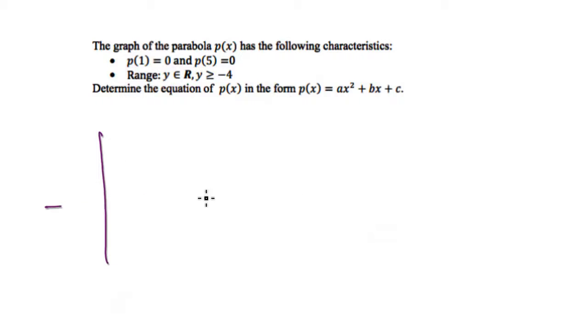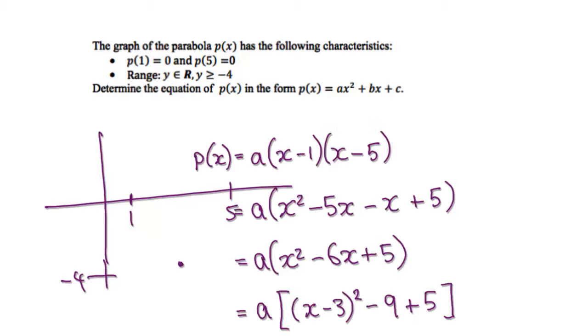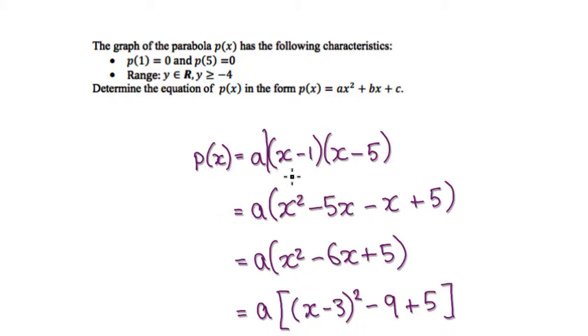Okay, so let's summarize. We need a parabola that crosses at 1 and at 5, and the lowest point must be at -4. So we can jump to this, but we need to introduce this a so that we can adjust our vertex. So our parabola will take this form.